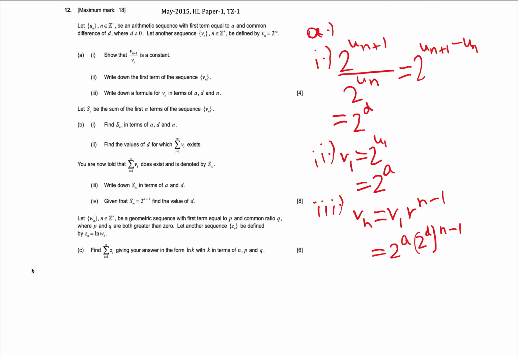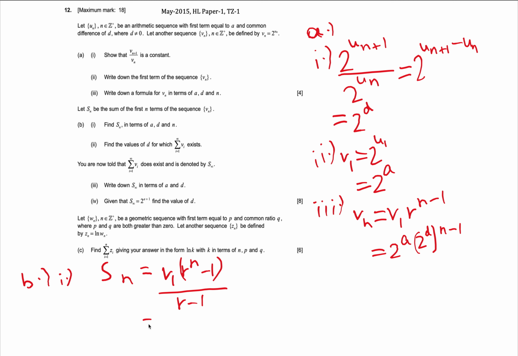Now let's move on to the next part, b1. It says let Sn be the sum of the first n terms of the sequence vn, and we need to find Sn in terms of a, d and n. Since we know that vn is a geometric sequence, we can write that Sn is equal to the first term, which is v1, times the common ratio to the power of n minus 1, divided by r minus 1.